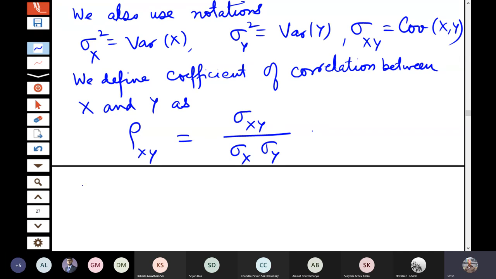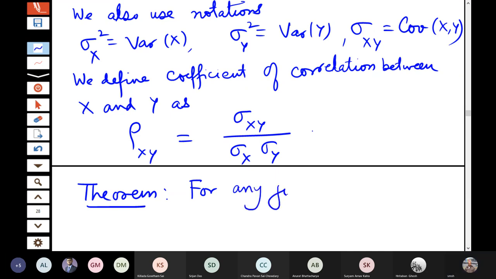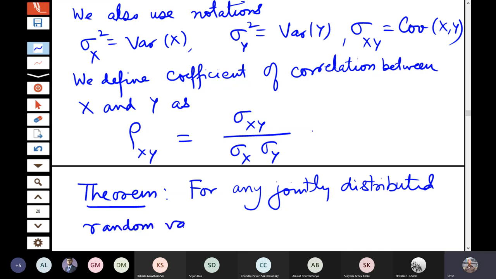So we have the following theorem. For any jointly distributed random variables x and y, -1 is less than or equal to rho xy less than or equal to 1.